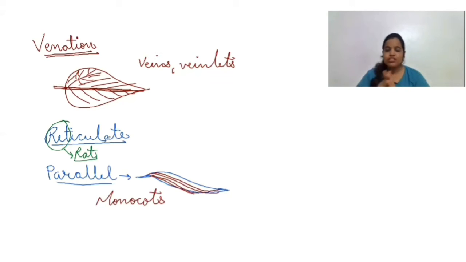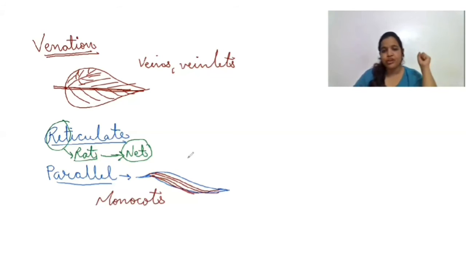So with that story, we are going to remember this reticulate. Okay, so here in the reticulate, we remember the word rat. Now, rat cuts what? Rat cuts the net. All we need to remember is that story. Now, whenever the net is formed by the arrangement of veins and veinlets, we call it reticulate venation.